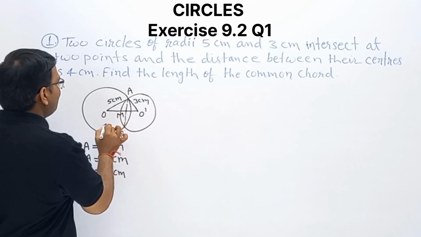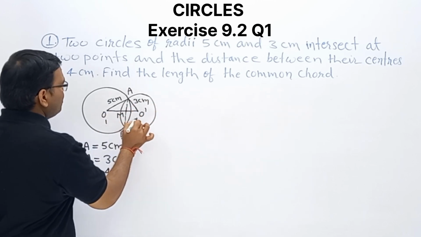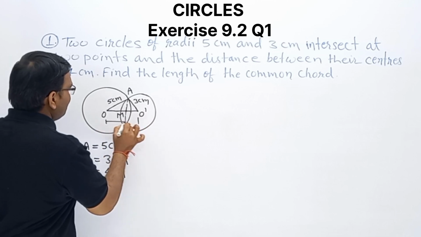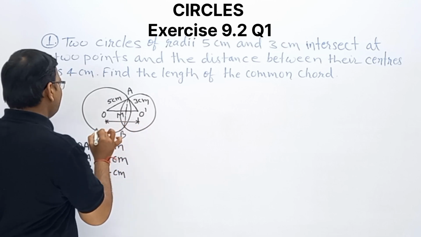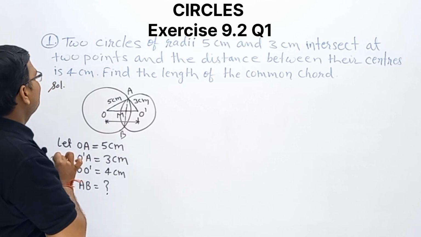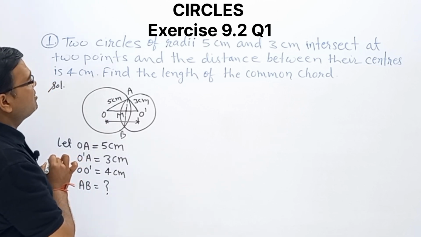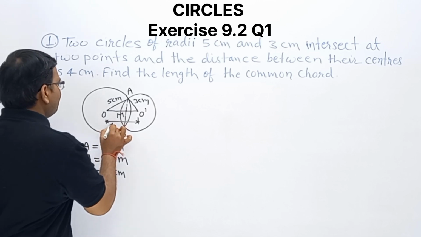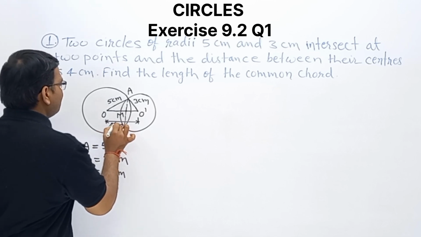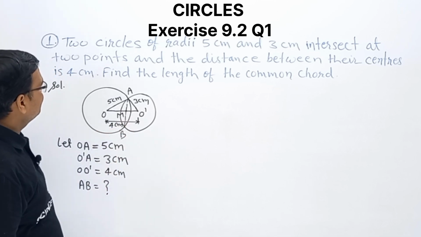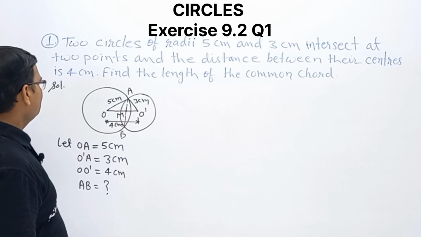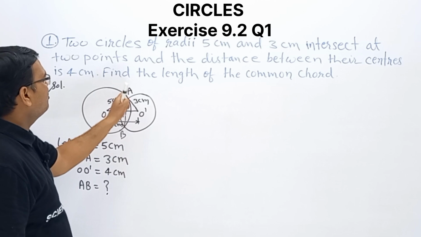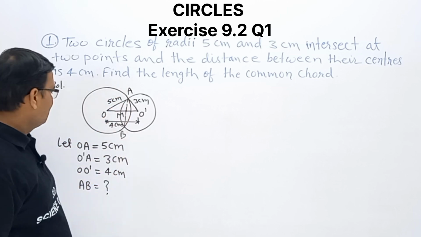And the distance between their centers, OO dash, is 4 centimeter. Clear? Now what do we want? We want the length of the common chord AB.